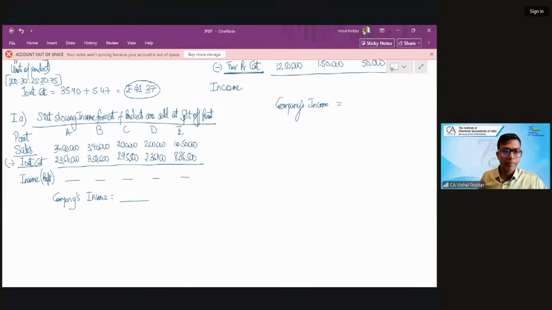From these, when you deduct, you will get the profits. So these are the profits which I am getting.